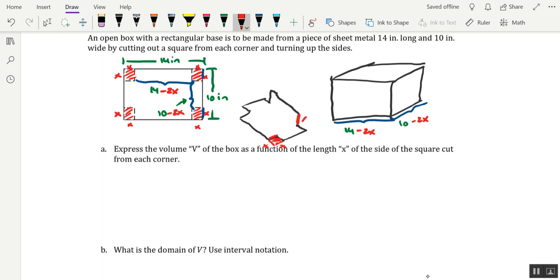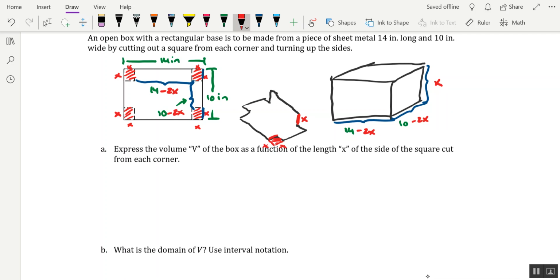That would have a length of x. So long story short, the size of the square that you're removing from each corner, or at least one dimension of it, dictates the height of the box. So with that said, we have all three expressions for the dimensions of the box.